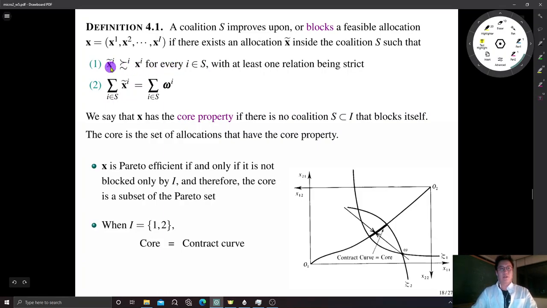So X tilde should Pareto improve upon the allocation X.